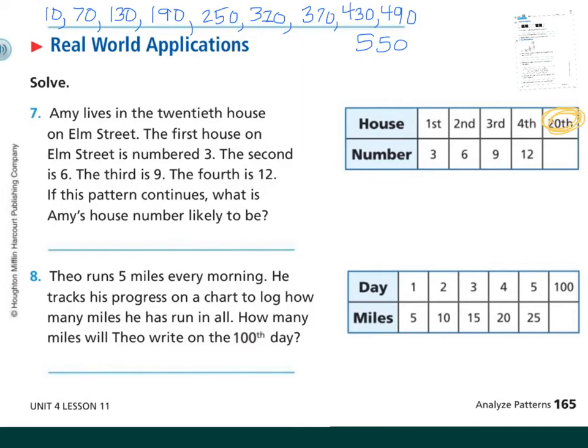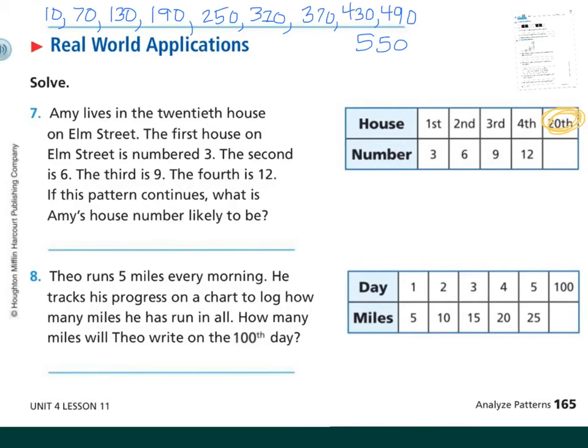Well, we have to multiply or add. It looks like 3 plus 3 is 6. 6 plus 3 is 9. 9 plus 3 is 12. But if you also look at the first house and the second house, if I multiply the number of the house by 3, first 1 times 3 is 3. 2 times 3 is 6. 3 times 3 is 9. 4 times 3 is 12.